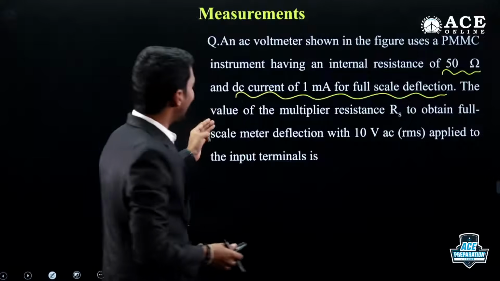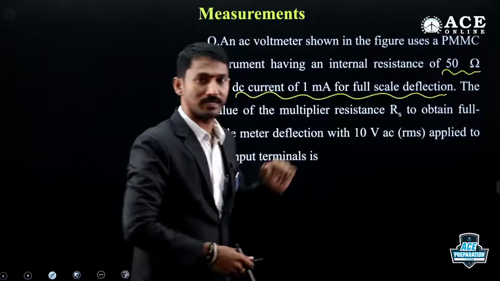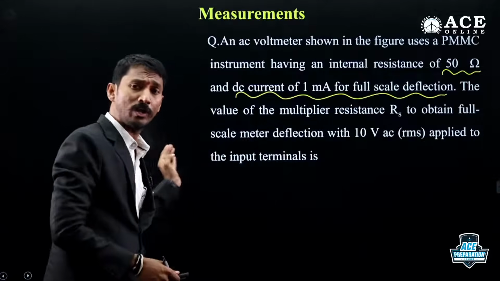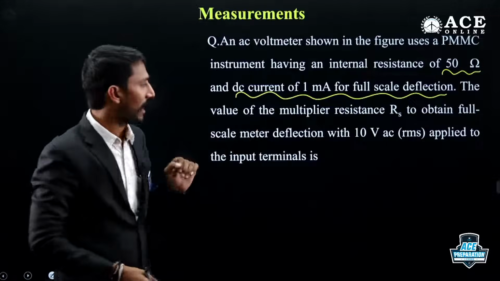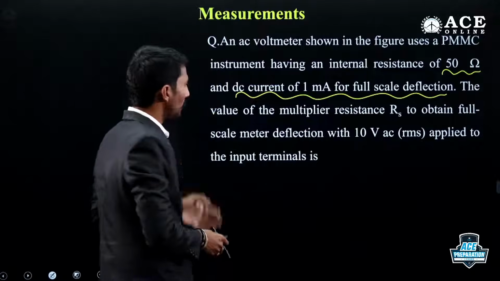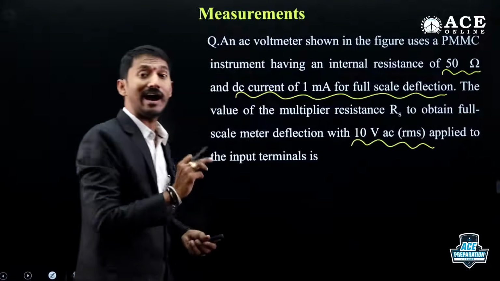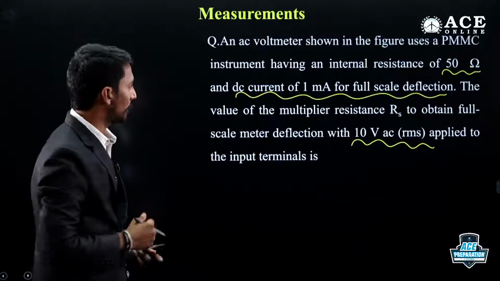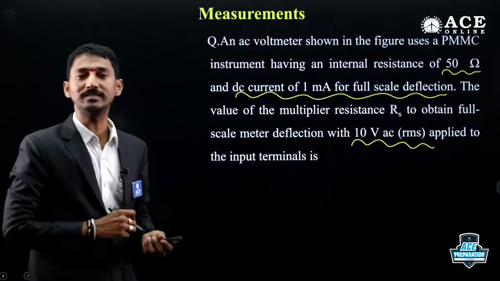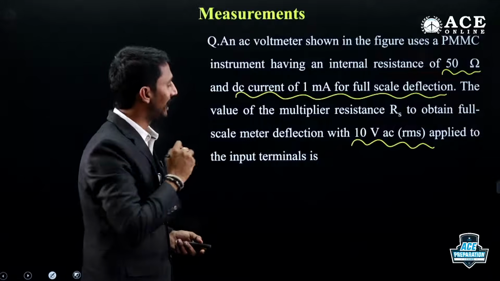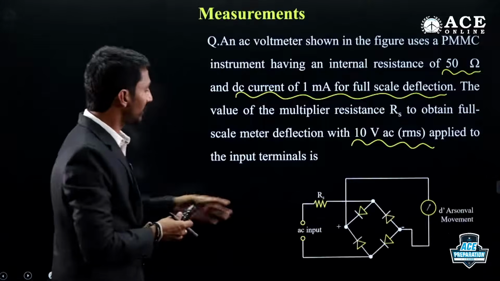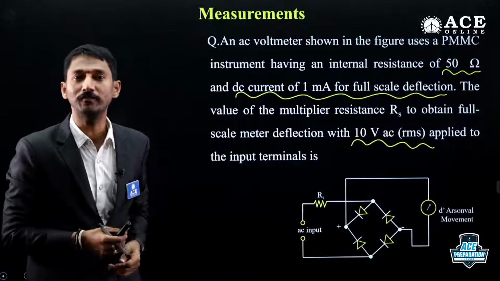Sir, the value of the multiplier resistance RS to obtain full scale meter deflection with 10 volts AC RMS applied to the input terminals is. Sir, this question is related to what? Diode type, rectifier type of instrument.